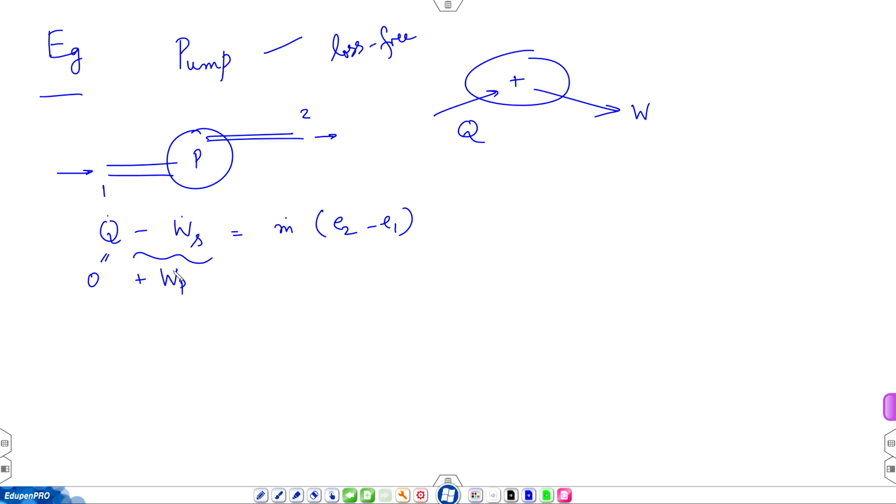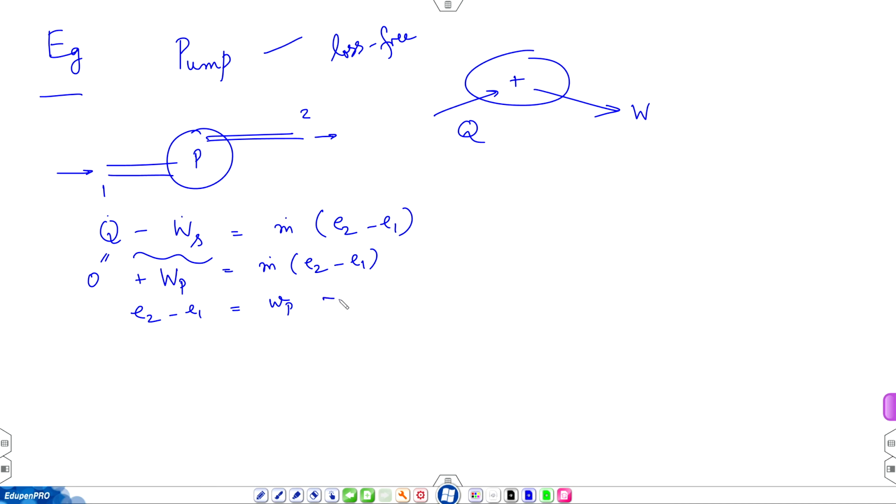And now, W p is a positive quantity, equal to m dot times E 2 minus E 1, and so E 2 minus E 1 is equal to small W p. Small W p is capital W p divided by m dot, which is greater than 0.